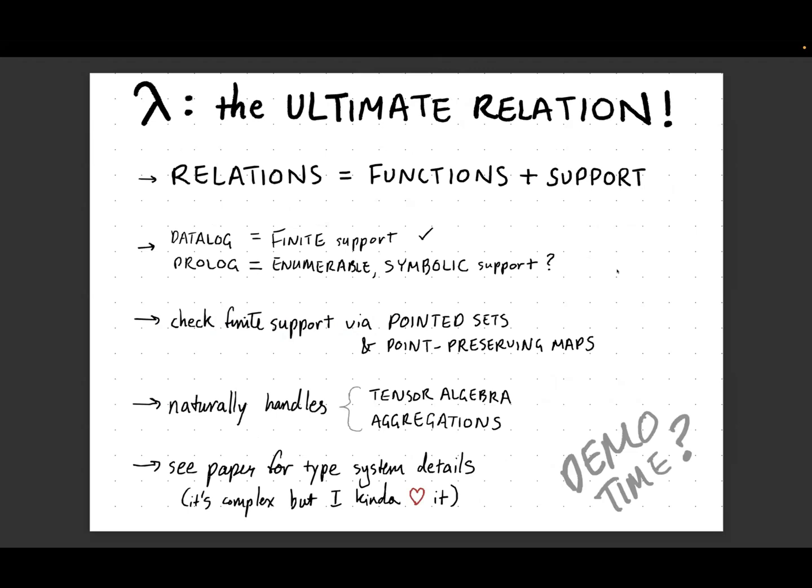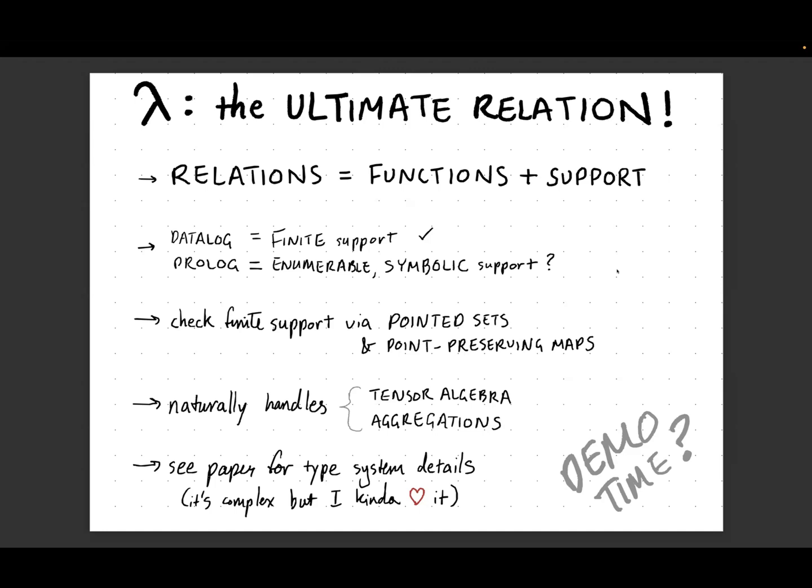So the overall idea here, relational programming or logic programming is about functions which know what their support is and can tell you what their support is, right? In Datalog specifically, it's about finite support. And most of this talk has been about that, but I claim that this applies to Prolog too. It's just that Prolog has a more interesting representation of support. It represents support in a sort of enumerable symbolic way.